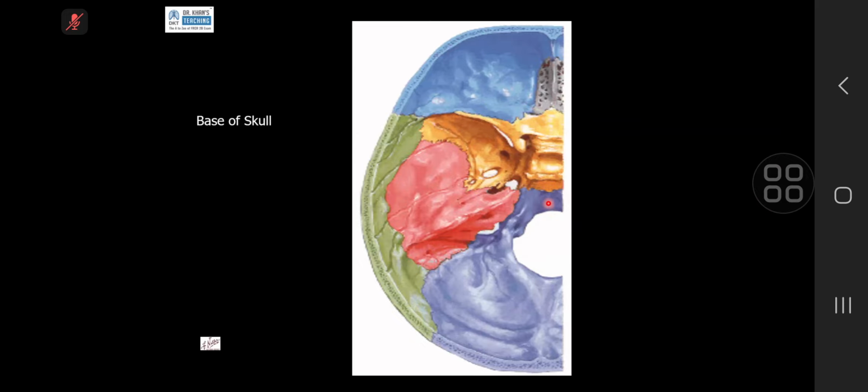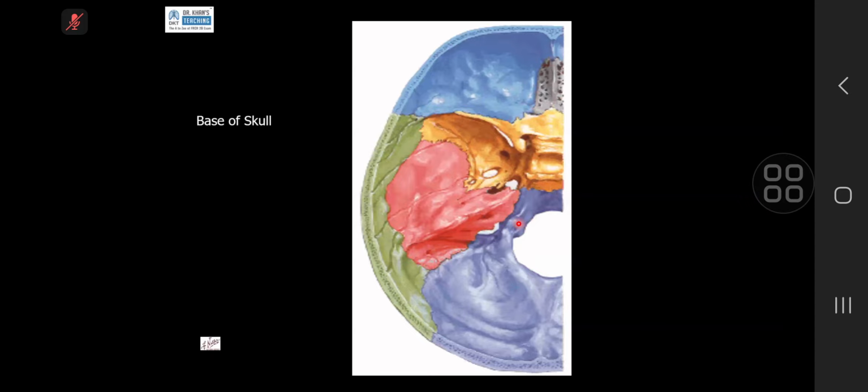Now, other than the basi-occiput, this part is known as the condylar portion, where there are condyles to make the joint with the atlas, and there are jugular tubercles also. This portion is known as the squamous portion.